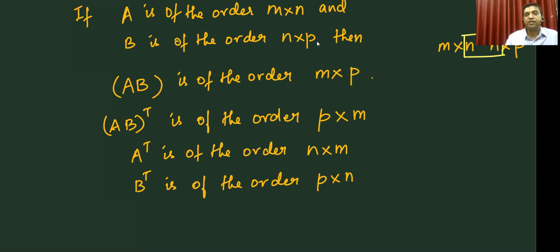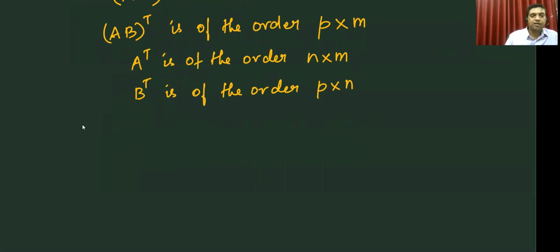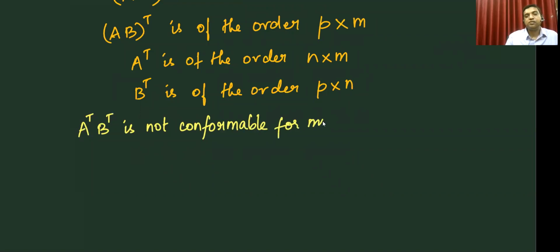All right. N cross p becomes p cross n. So now A transpose B transpose is not conformable. Why? You cannot multiply. The product does not exist.